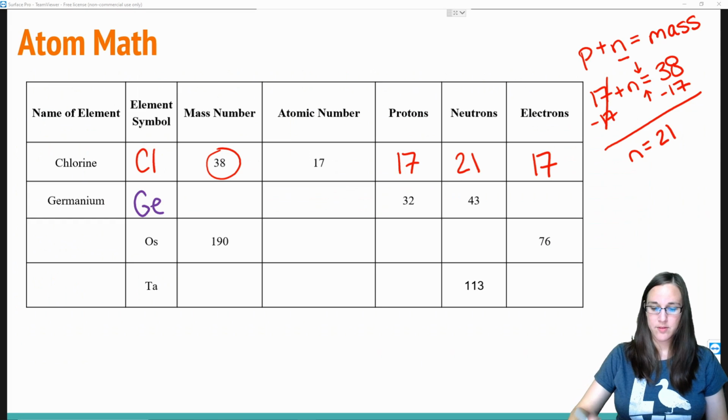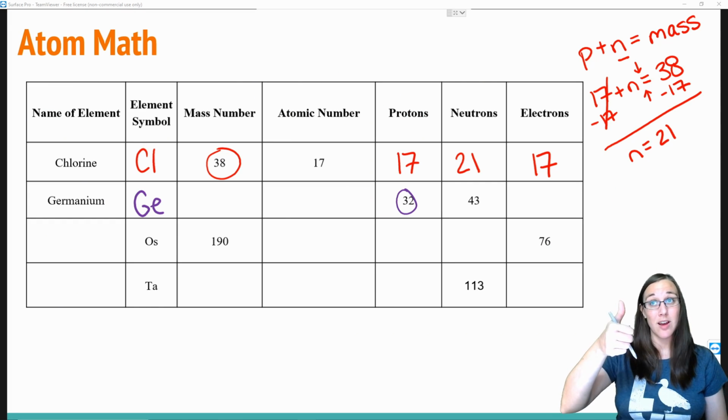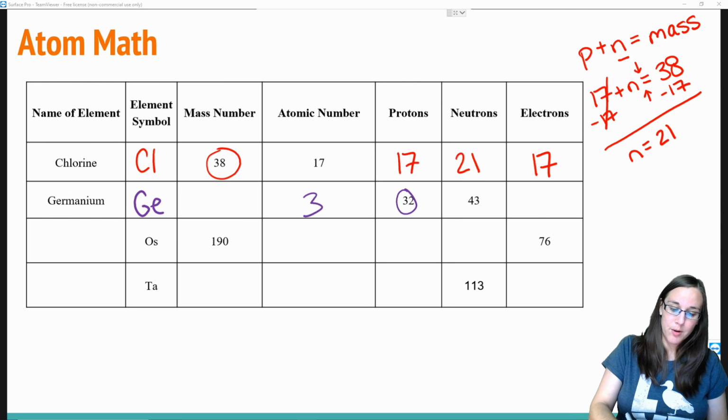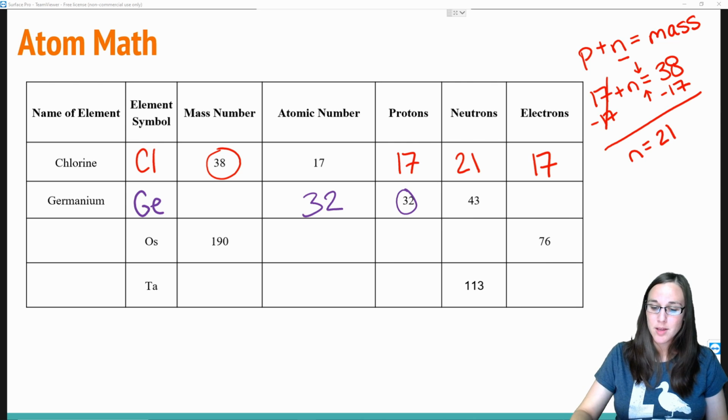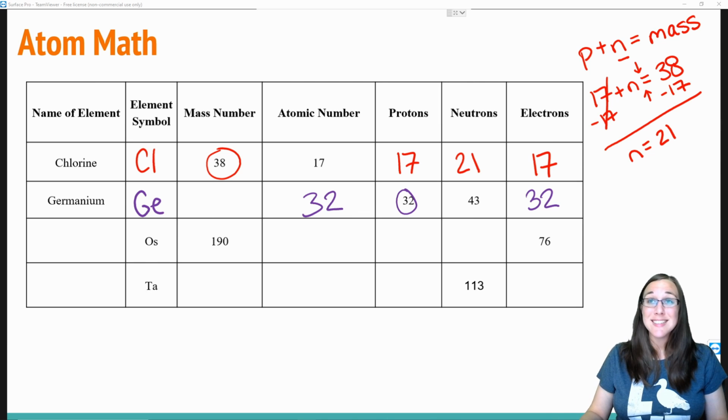32. 32. Awesome. So my atomic number will be 32 in the case of germanium. My protons and electrons will always be equal in the case of a neutral atom, so the electrons should also be 32. Now the last thing I need is the mass number.